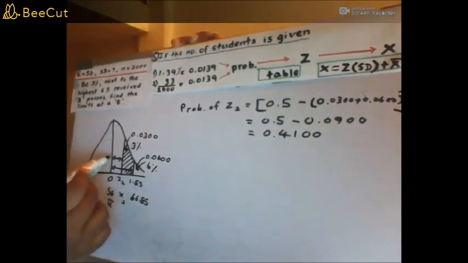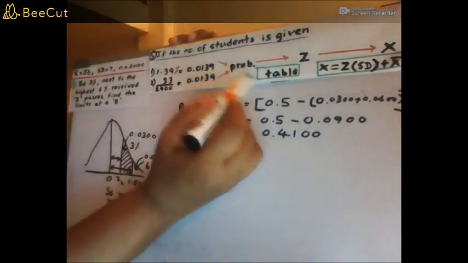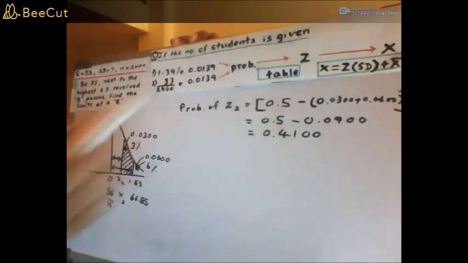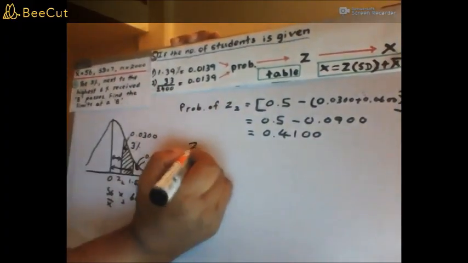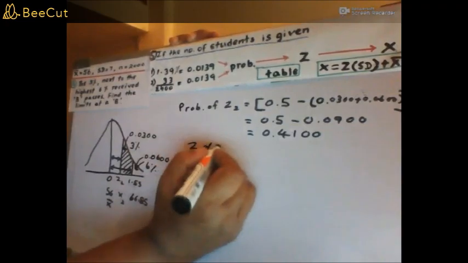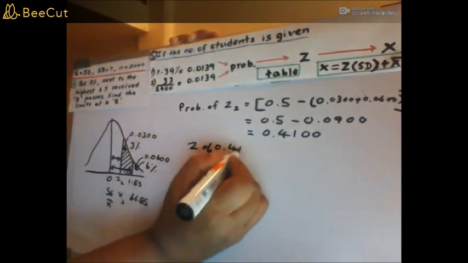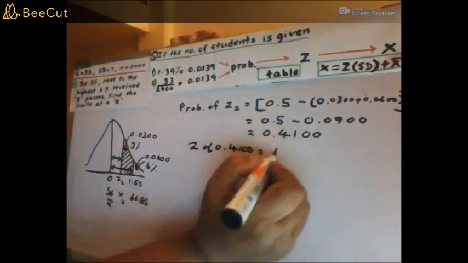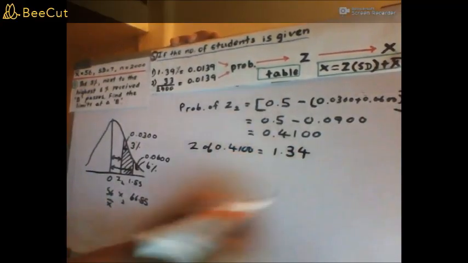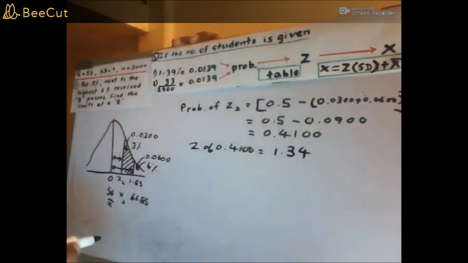0.4100. So you have to go to the table, the probability, and from the table you can find Z. So Z of 0.4100. Go to the table and you can find it as 1.34. Right?